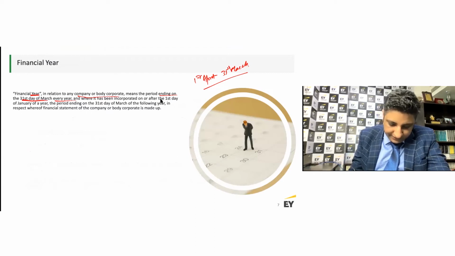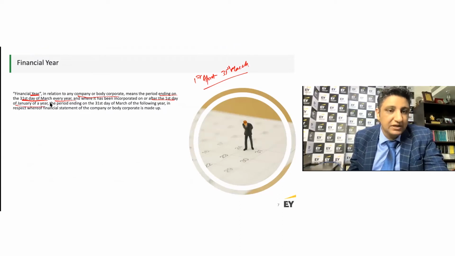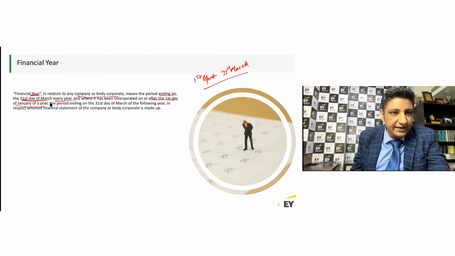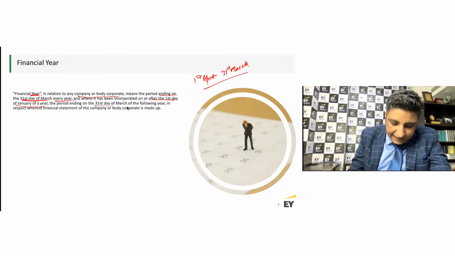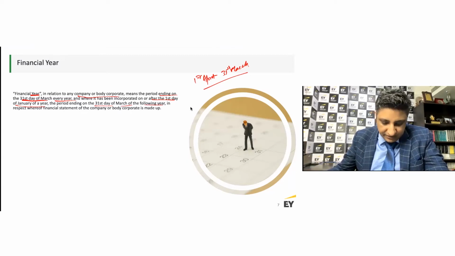However, if it is incorporated on or after 1st of January, then the period ending 31st of March would be considered for the next year. That's where you start looking at the relevance or the meaning of the financial year.